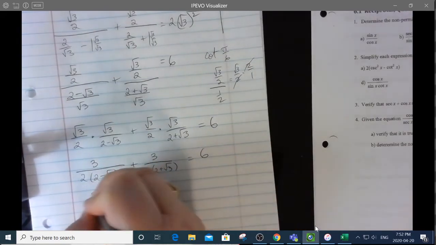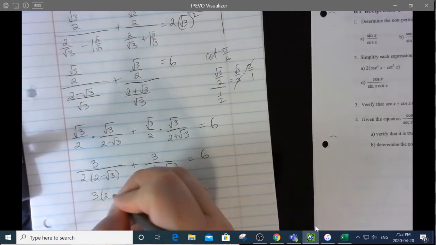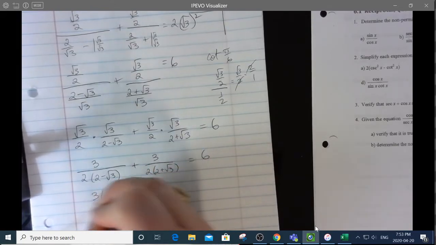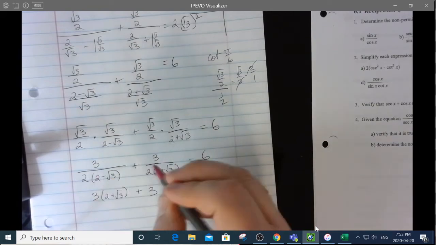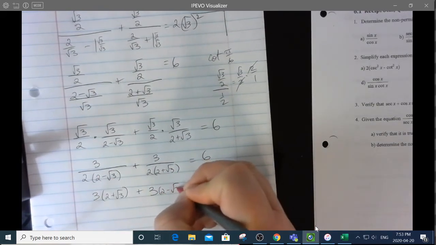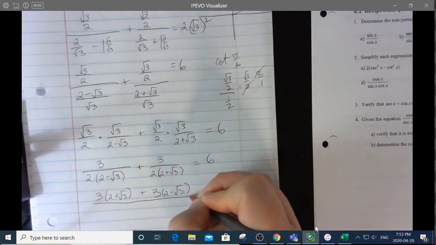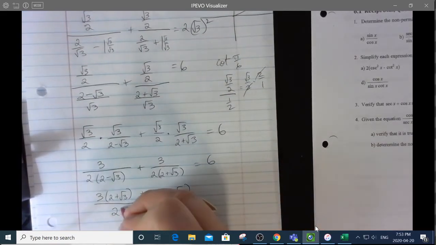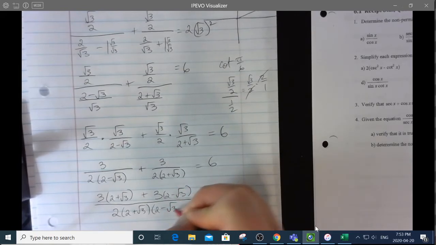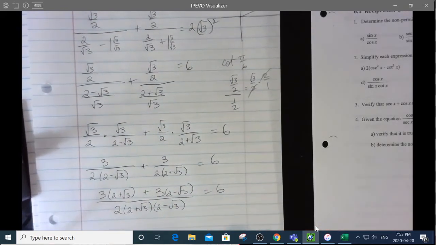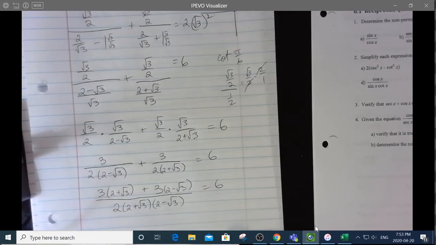So it's going to be 3 times 2 plus root 3 plus 3, and this one's going to get multiplied top and bottom by 2 minus root 3. All over, and the common denominator is 2 times 2 plus root 3, 2 minus root 3. And that had better equal 6. I'm running out of room, but let's keep going.